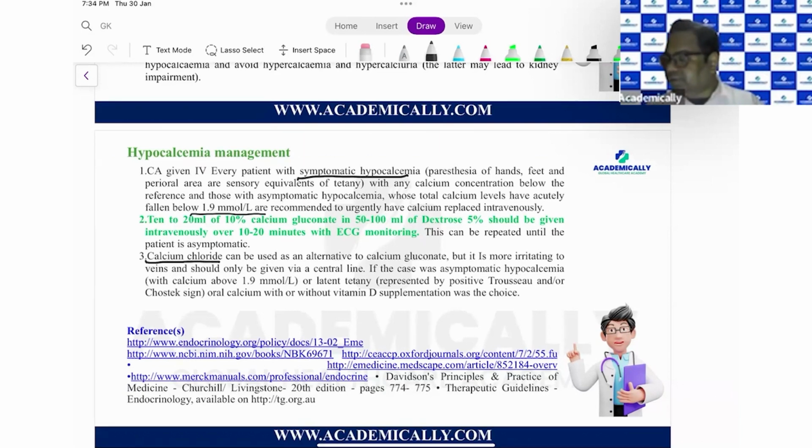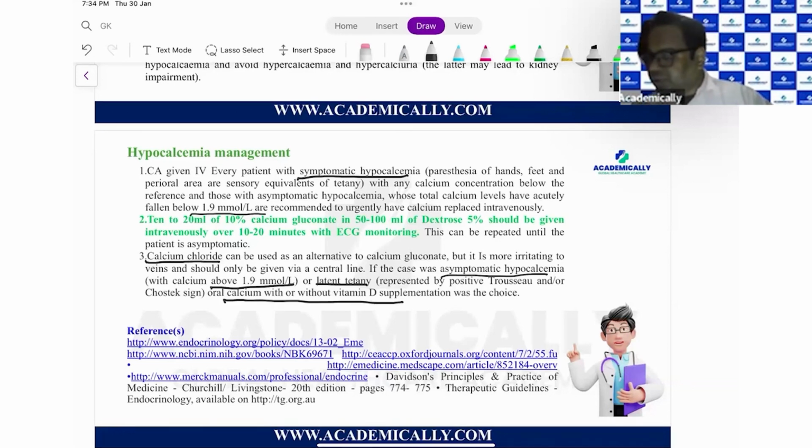Now, if the person is asymptomatic, if the calcium levels are above 1.9 millimoles, or if there is latent tetany, which means the person doesn't present with anything, but you tap and there is twitching, or you put the blood pressure cuff on and there is spasm, you can give oral calcium. You don't need to give IV.